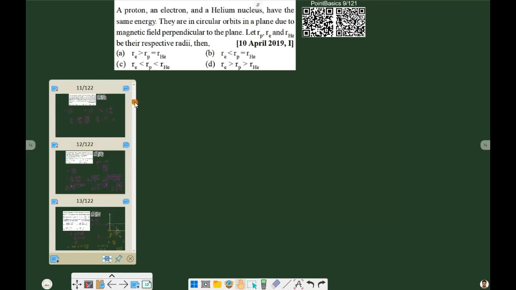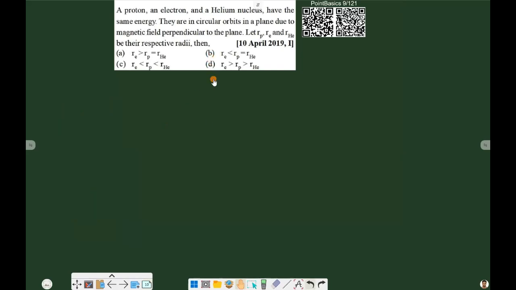So you can rewind this video and find the answer, and the answer is that the radius of proton is greater than the radius of electron, which is equal to the radius of helium particle in case of same energy, not in case of same potential. In case of same potential, we have to solve it separately. In case of same energy, these radii follow this relation. Let's move to the next one.